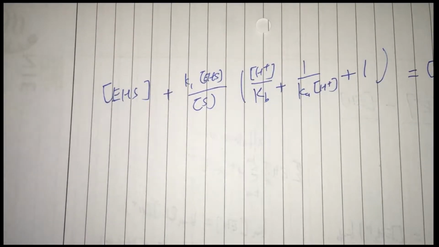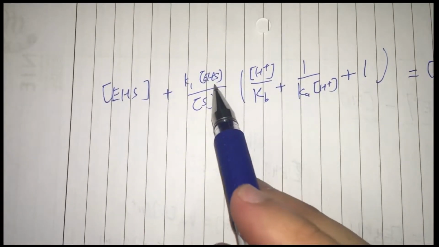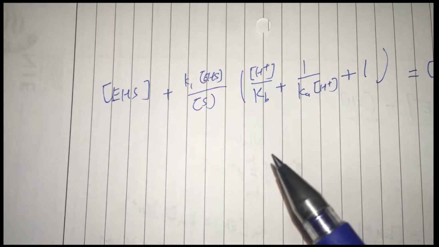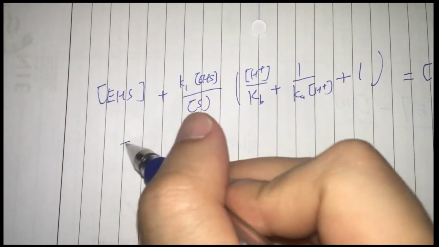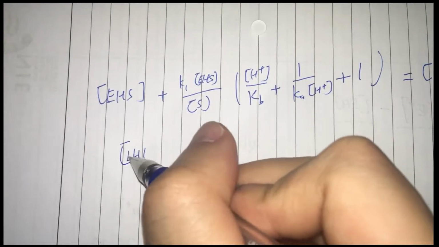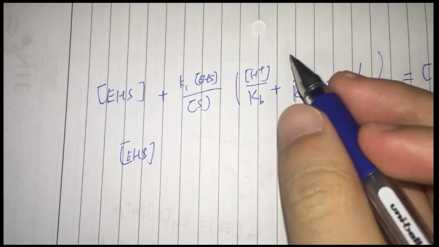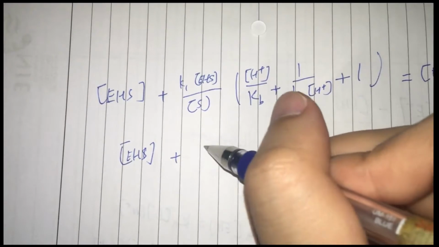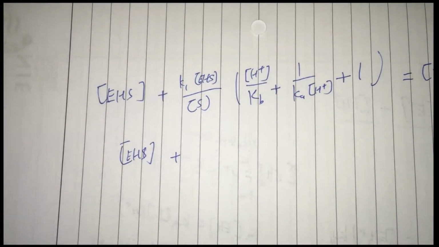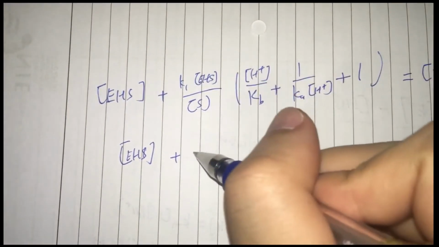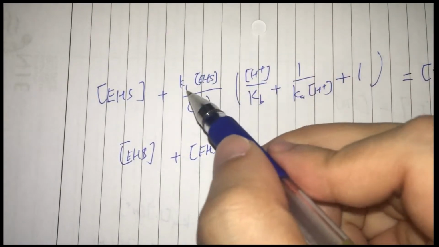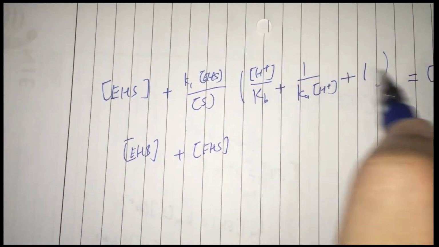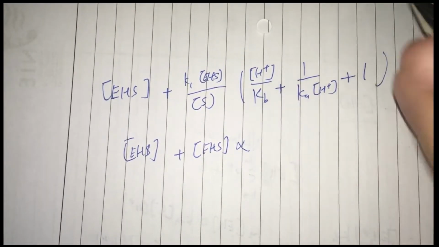Okay, so what we want to do is that we have this bracketed thing. I'm going to lump this K1 and S and all this into a term called alpha.